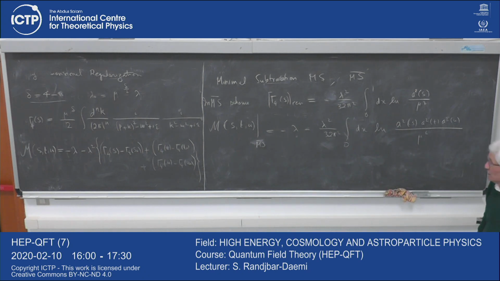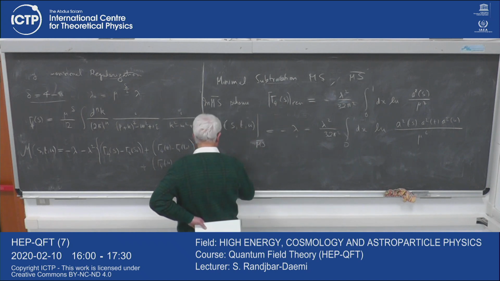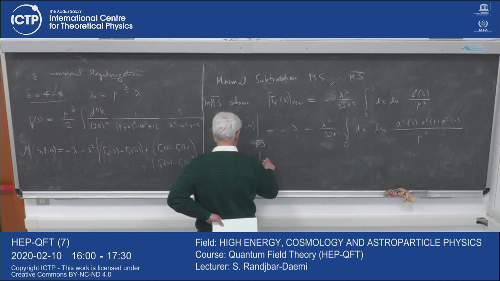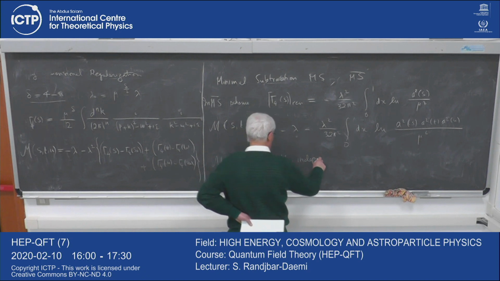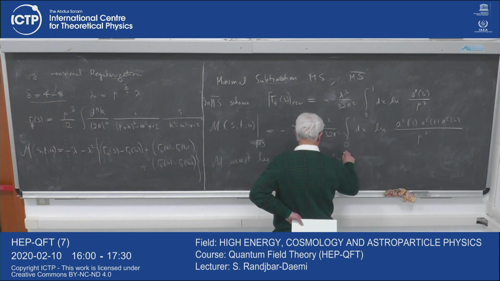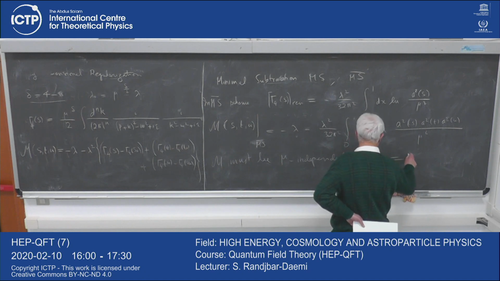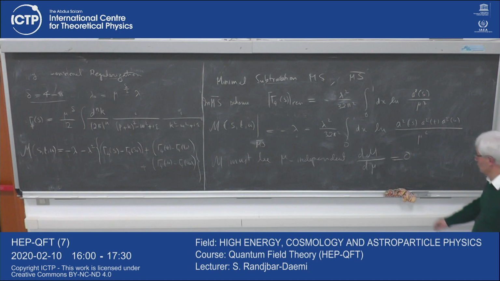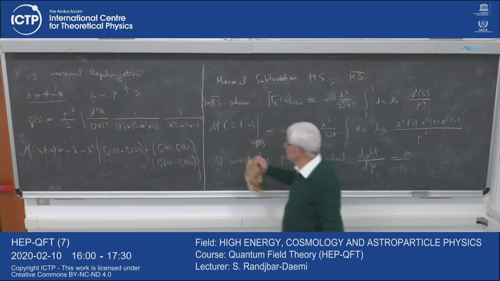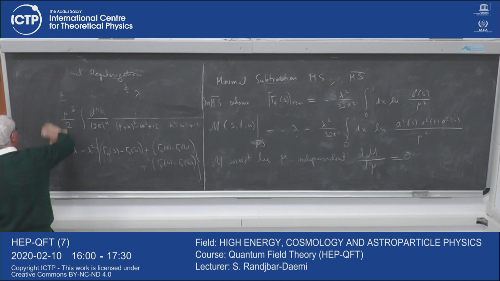Okay? So the condition is that M must be mu independent. This means that dM by d mu must be 0. And the only way that it can be 0 is for lambda to depend on mu.